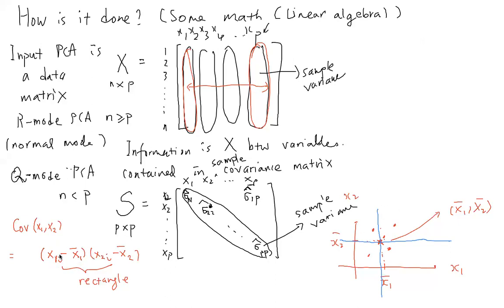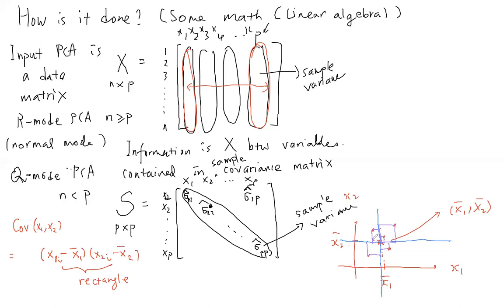You take the difference between the data point on the x1 direction and the x1 coordinate of your centroid, and multiply it with the other side. So it's basically representing these rectangles.